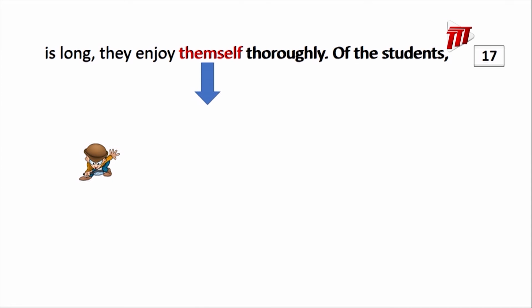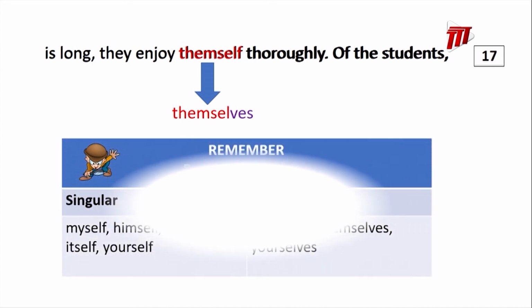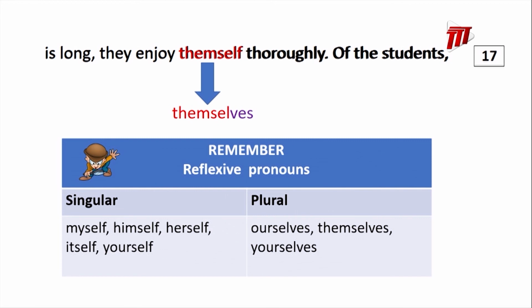Well, what's the correct word? We circle it so we know it's the correct thing. It's supposed to be themselves, right? They enjoy themselves thoroughly. So the singular pronouns: myself, himself, herself, itself, yourself. The plural, we're talking about students here, so we say ourselves, themselves, yourselves.